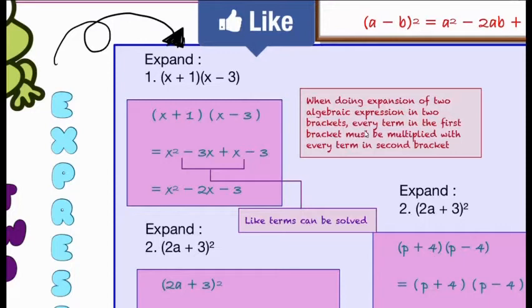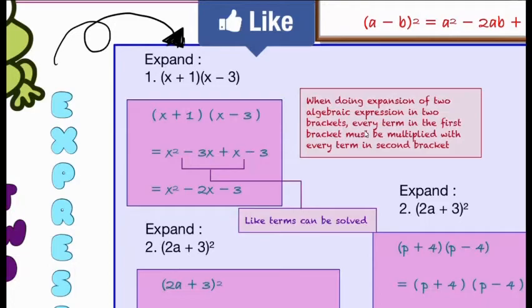Okay, so when doing expansion of 2 algebraic expressions in 2 brackets, every term in the first bracket must be multiplied with every term in the second bracket. Which means that every term such as x needs to be multiplied with x and negative 3. Then positive 1 also needs to multiply with x and negative 3.